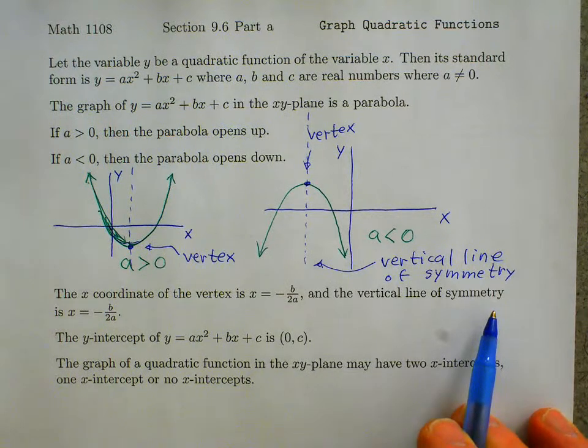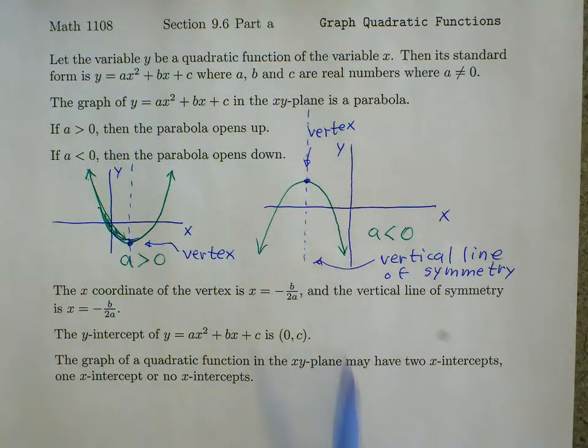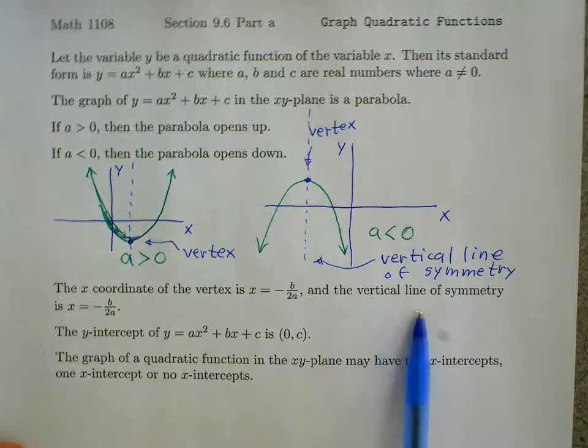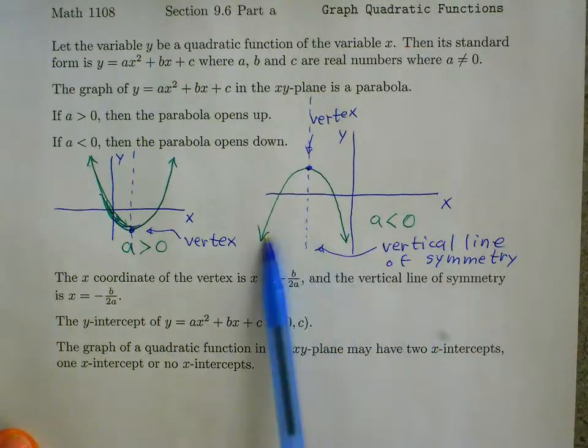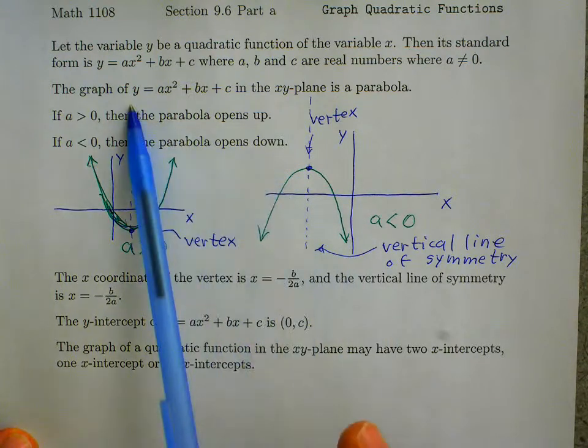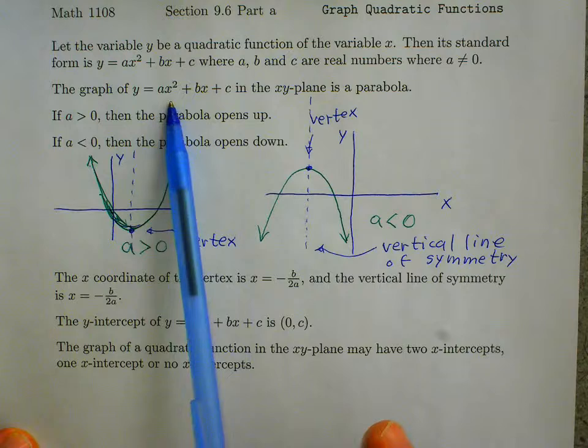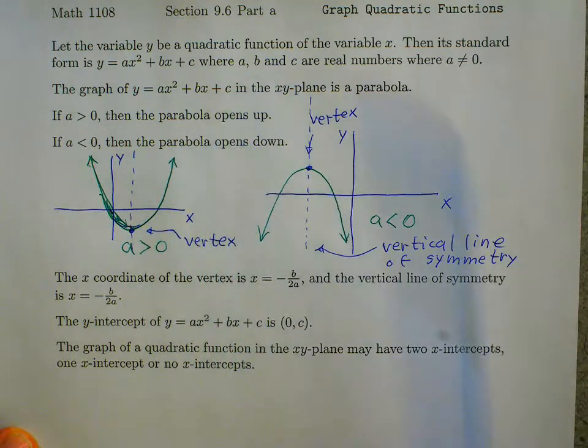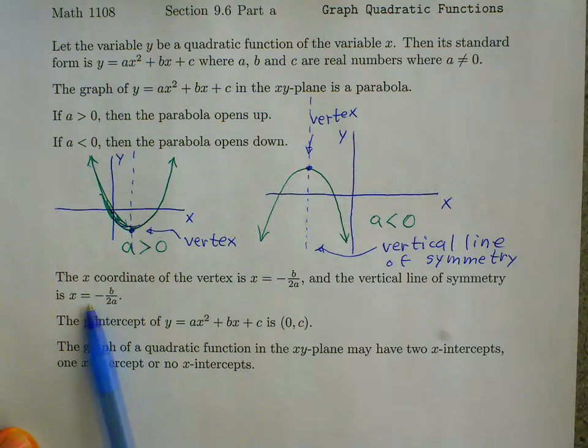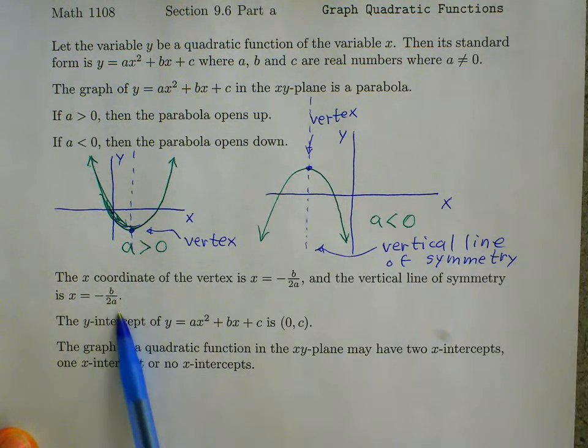And remember that in the xy plane, the equation of a vertical line is x equals a number. So if you have a quadratic function in standard form, y equals ax squared plus bx plus c, then the equation for the vertical line of symmetry is x equals negative b over 2a.